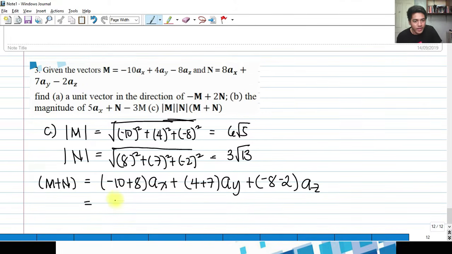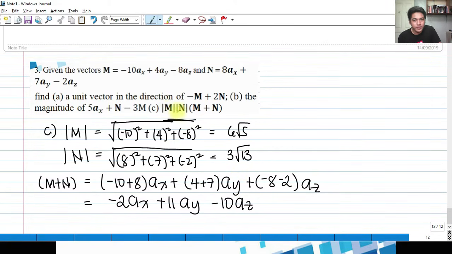So what will happen? We have negative 2ax plus 11a sub y minus 10a sub z. So, again, it's simple.